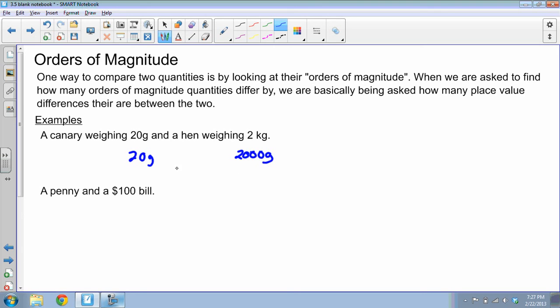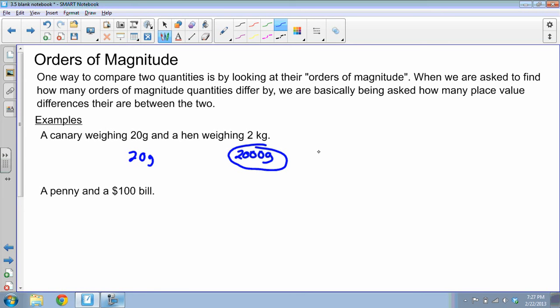How far apart are these, like place value wise? They're 2 apart. You see what I mean? Like 20 has a ones and a tens, 2,000 has ones, tens, hundreds, thousands. This one has 2 more place values than 20 grams.